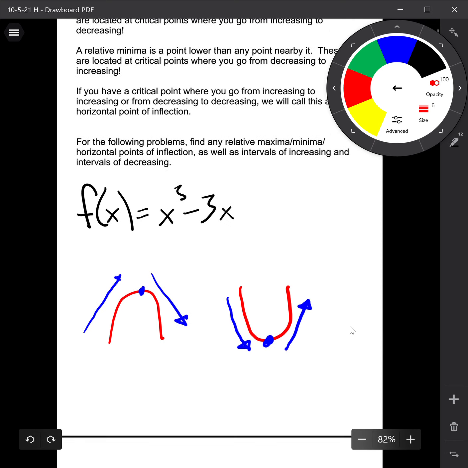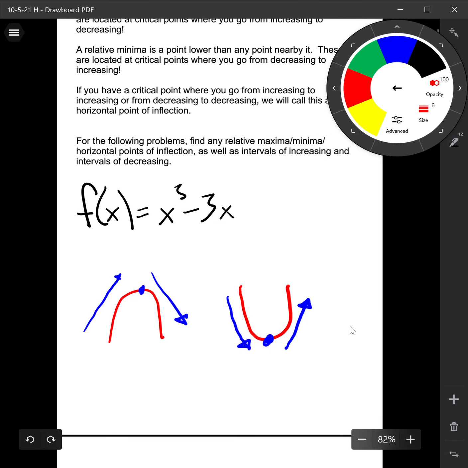Now, two other points that we could talk about would be, what if I go from increasing to increasing or from decreasing to decreasing? That kind of knocks out all possibilities. So for instance, right here and right here where my function goes flat for just a second would be critical points. Those would be points where my derivative equals 0. But notice on the left, I'm increasing, and on the right, I'm still increasing, and vice versa.